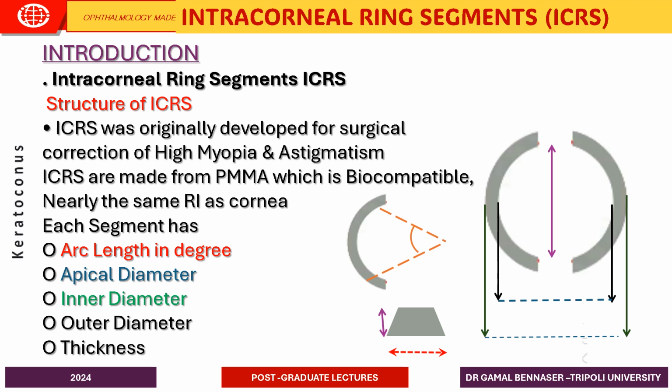If we have a small optical zone, we have more power. If we have more arc length, we have more power. And if you have a small arc length, you mainly affect astigmatism rather than the spherical component of the refractive error.